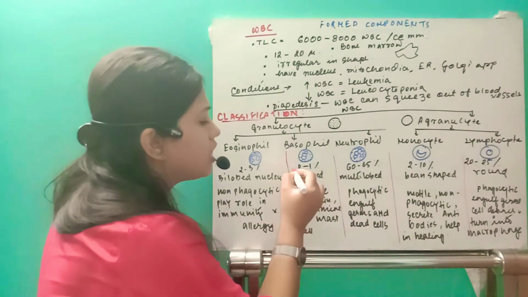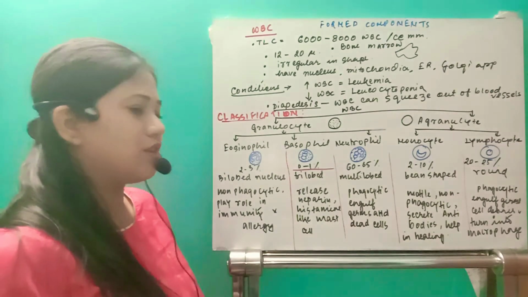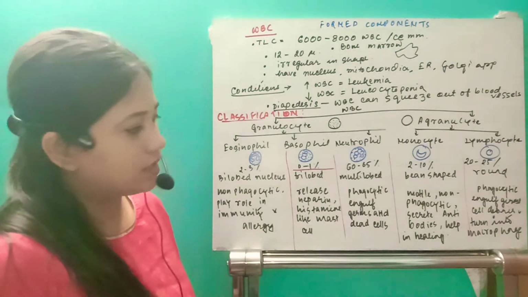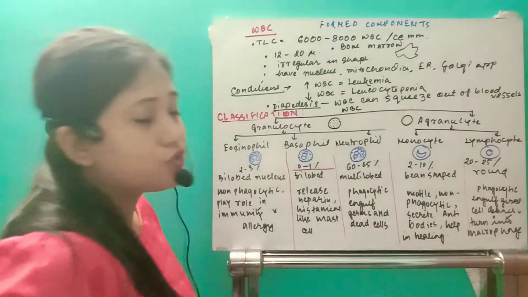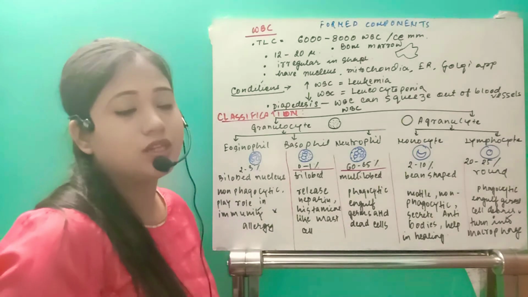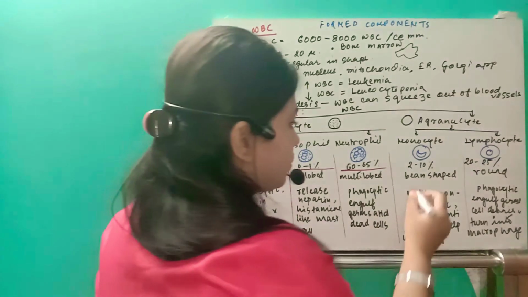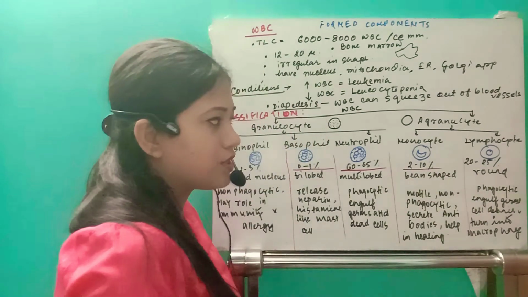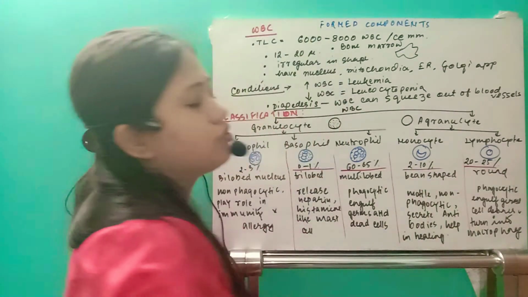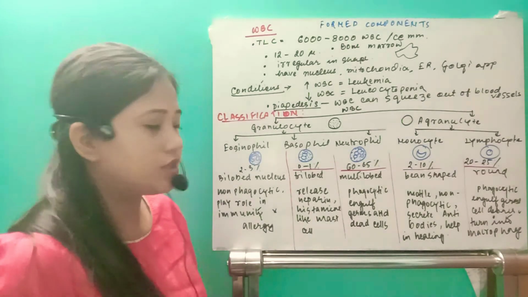It is found in very less amount, the least amount itself, 0 to 1%. And if it comes to the neutrophil, it is also very important because it is found in the highest amount, that is 60 to 65%. If it is monocyte, around 2 to 10%. Lymphocyte, around 20 to 25%. So that is also important.